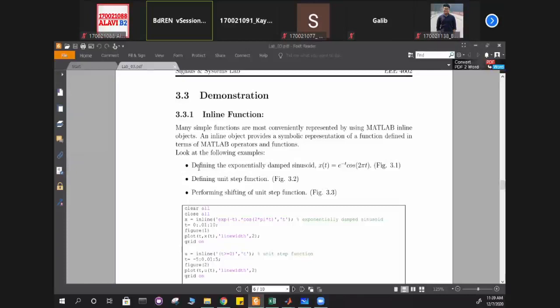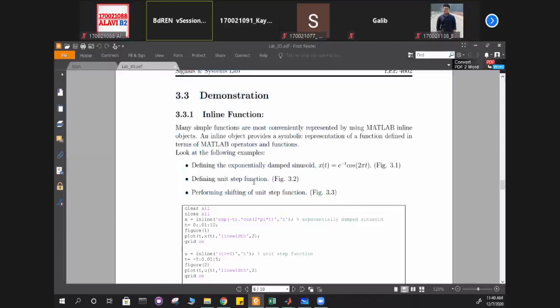First, we will implement an exponentially damped sinusoid, x(t) = e to the power minus t times cos(2πt). We will represent this signal in MATLAB, and after that we will define the unit step function.